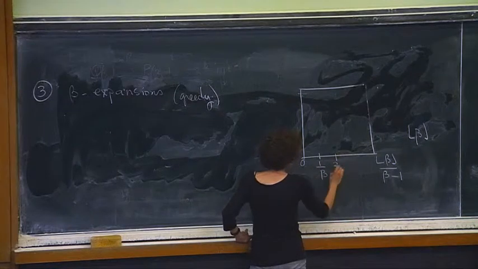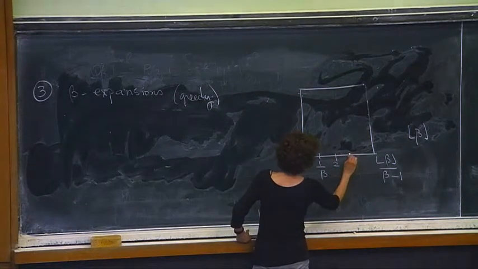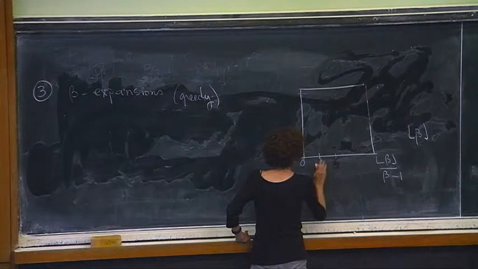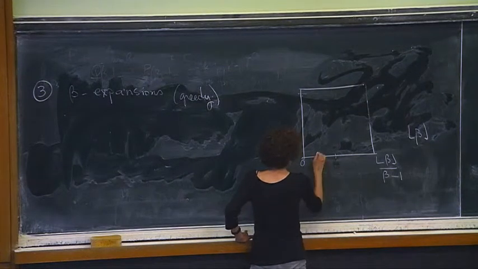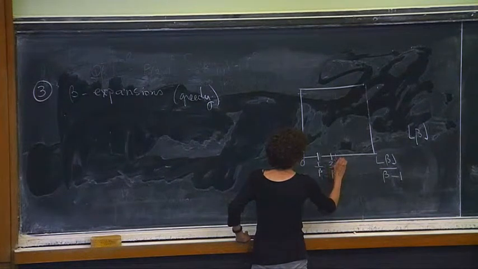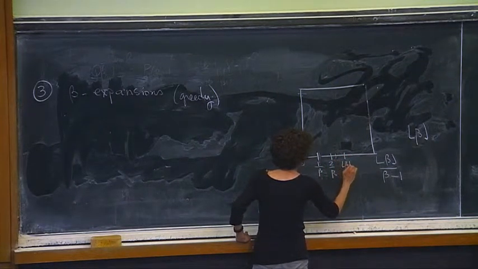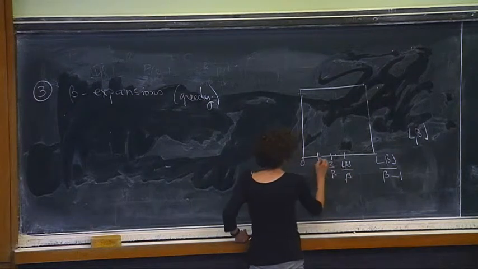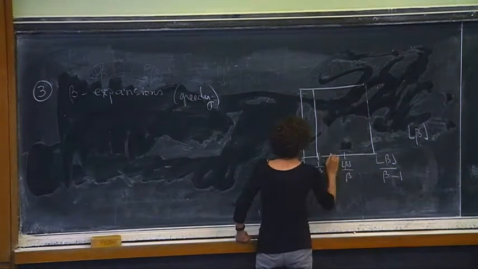And I keep going until the greatest integer beta. So assume I went up to the integer part of beta here, like this, and then this was the figure.